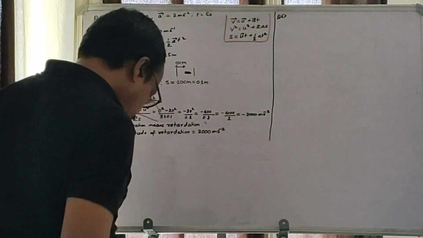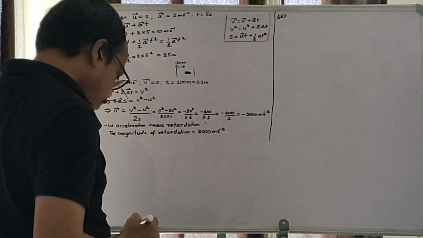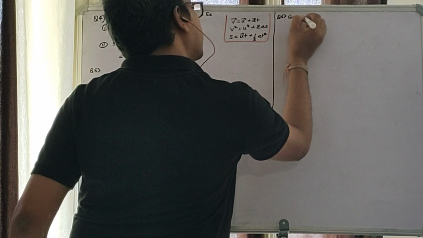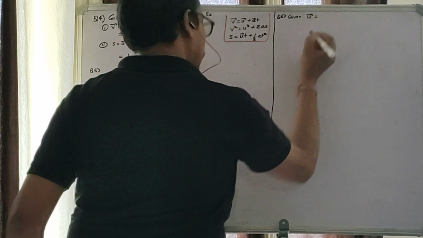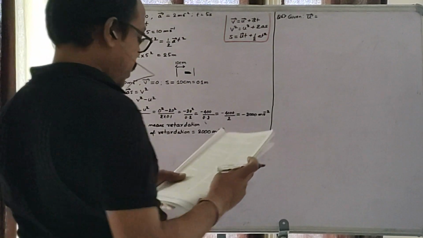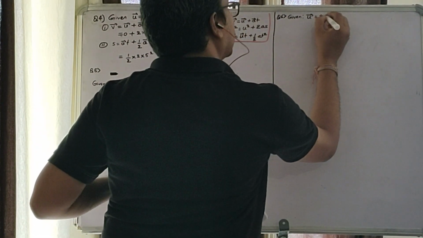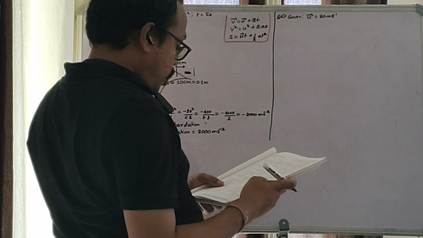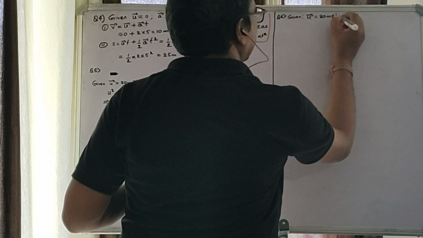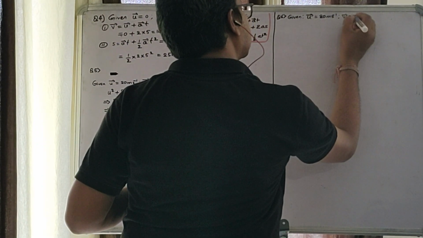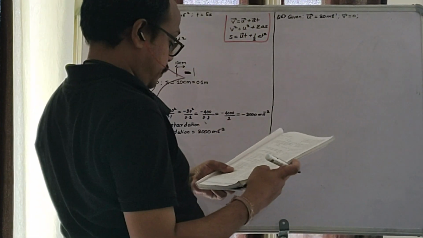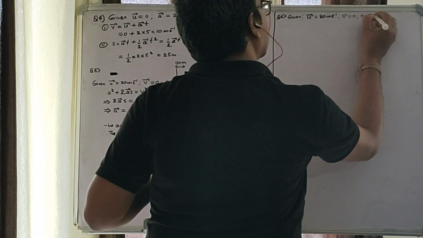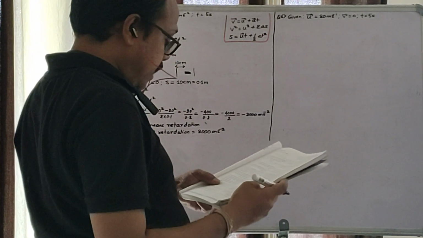A train moving with a velocity of 20 meter per second is brought to rest by applying brakes in 5 seconds. So we write what is given. The velocity is 20 meter per second, the train is brought to rest by applying brakes, and t is also given: t is 5 seconds. What is being asked? Calculate the retardation.